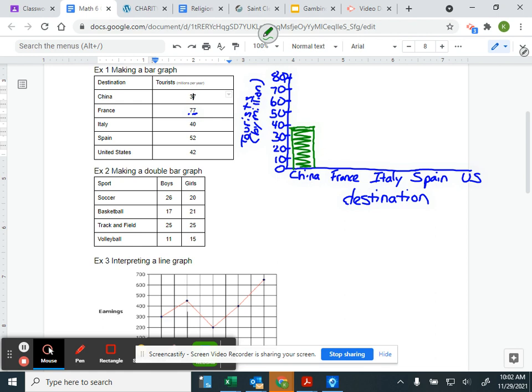So if we look at France, France is at 77. Just like 37 was just below the 40, 77 is going to be just below that 80. Italy is at 40, so we want to put it right at the 40.